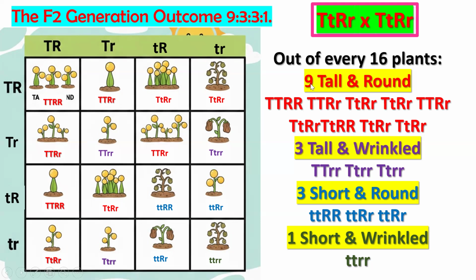Any doubt, you can just comment. So here what is the ratio? 9:3:3:1. Here we got a new generation. First we got only tall, round and short, wrinkled. But in this case we got 2 more variations, which are tall and wrinkled as well as short and round.